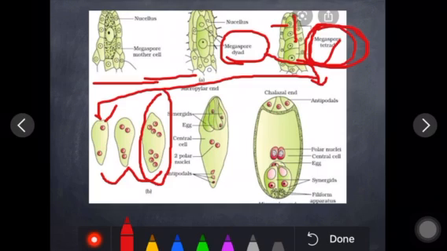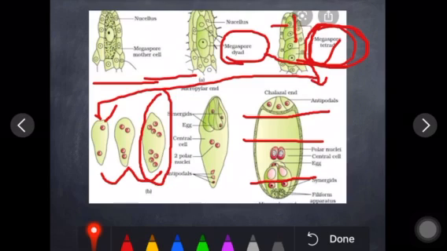Now let's see what the arrangement of the cells is. We'll see that 3 cells are lying at the upper end of the ovule, 3 cells are lying at the lower end of the ovule, and in between 2 cells are there. As you can see, please go into focusing mode.